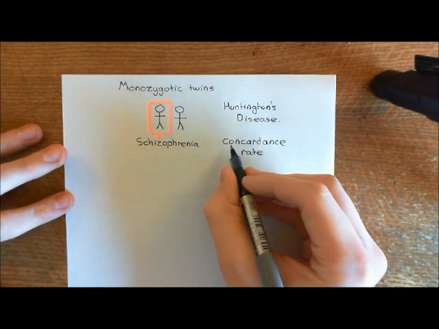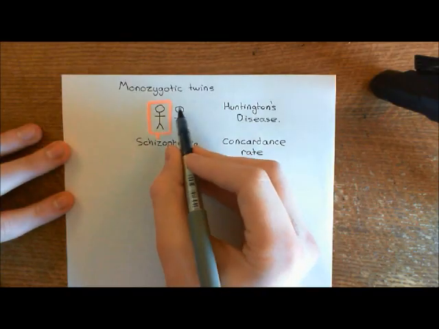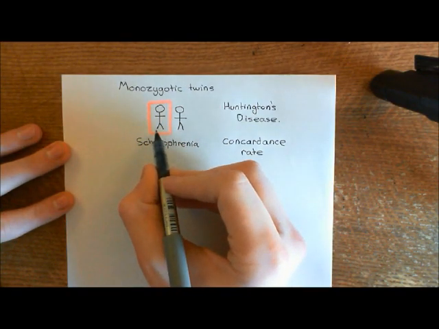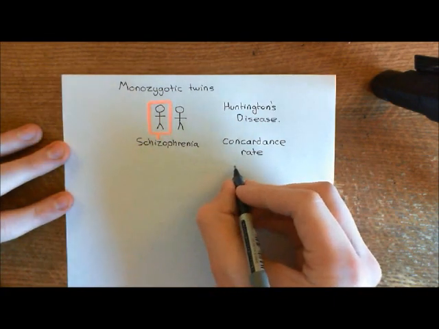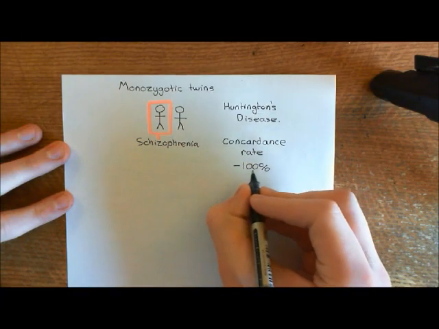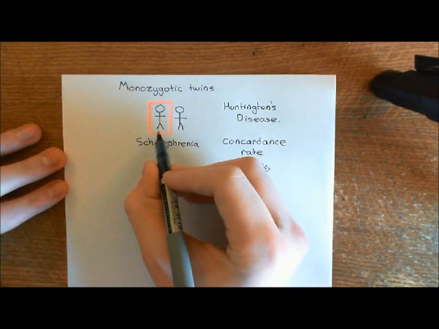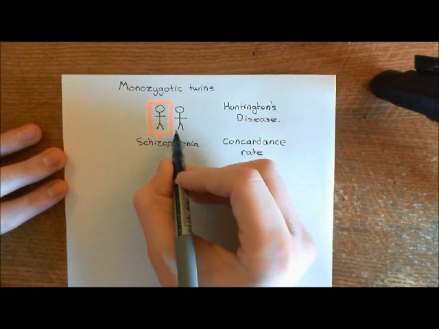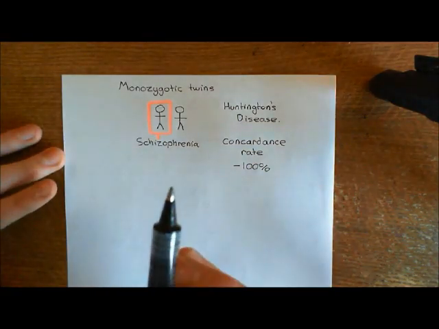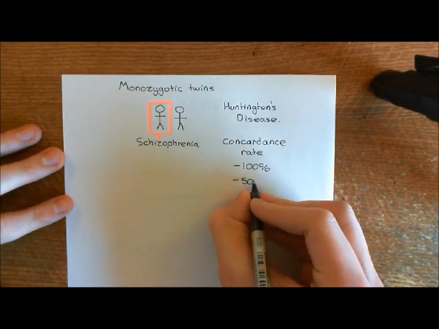Okay, so this means what fraction of the time will the second twin also have the disease if the first twin has the disease. Now for Huntington's disease it is 100%. Okay, the second twin will get Huntington's disease if the first twin has got Huntington's disease. Okay, whereas in the case of schizophrenia, the concordance rate is actually only around 50%.